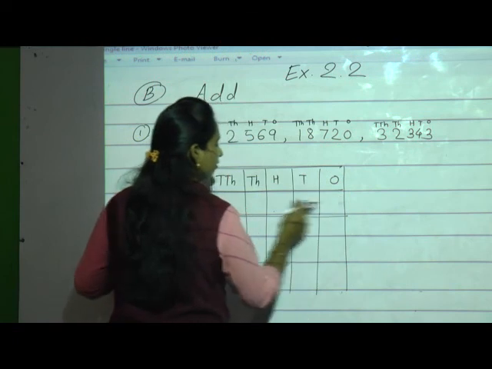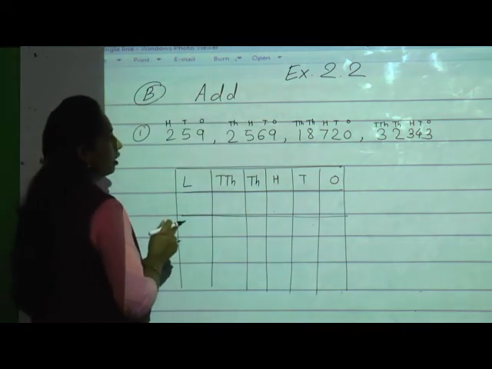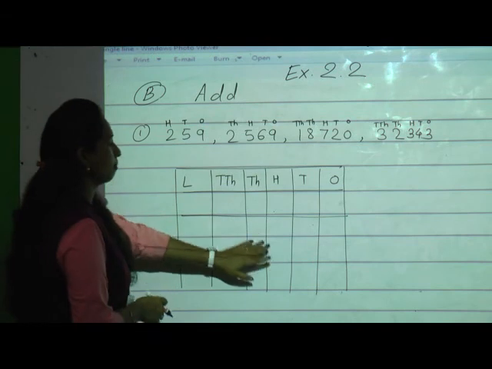Okay. I will leave one box for carry. Now we will place the numbers in the place value chart.